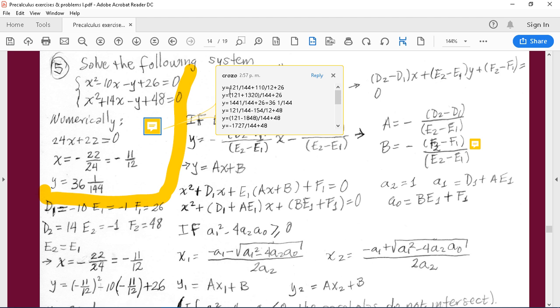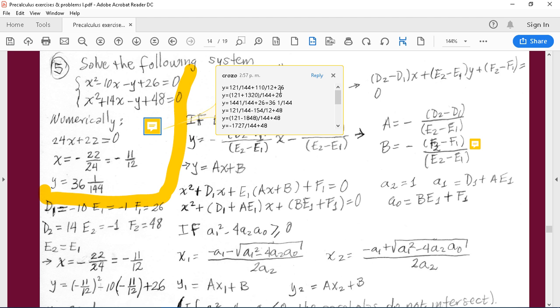We have x squared is 121 over 144, and minus 10x is 10 times 11, which is 110 over 12.